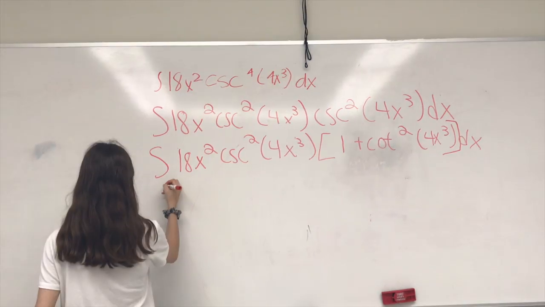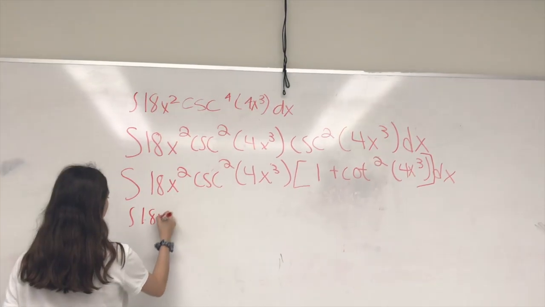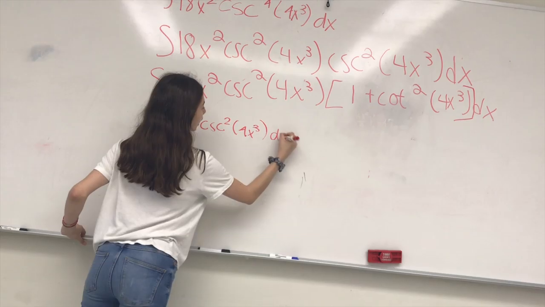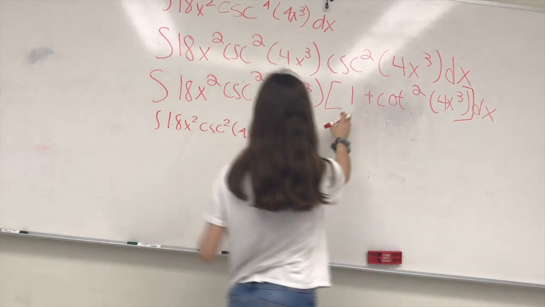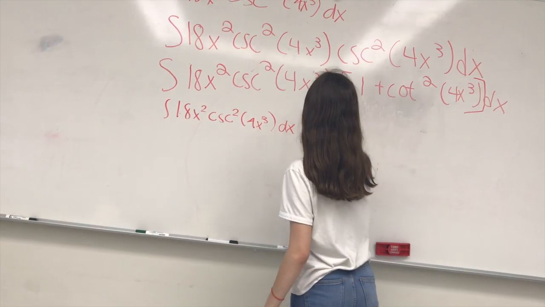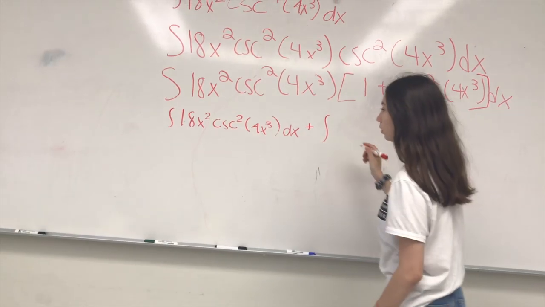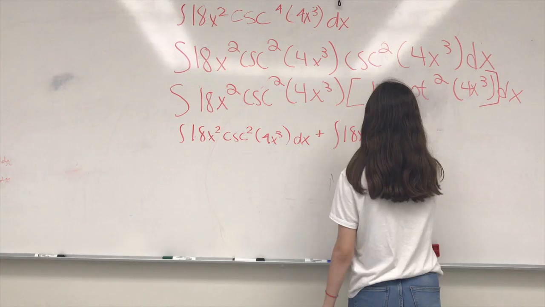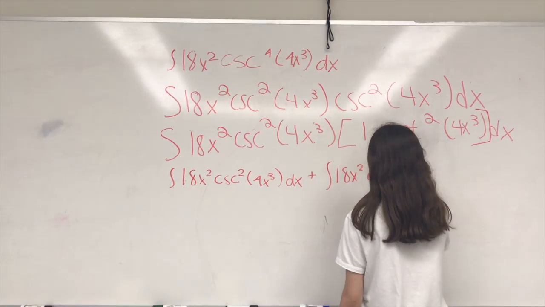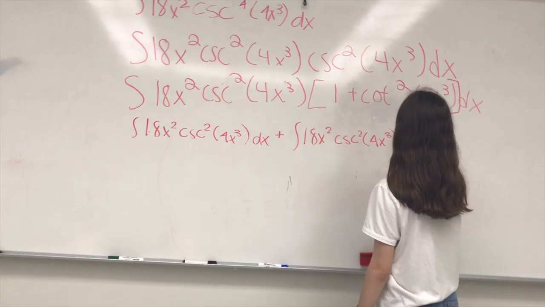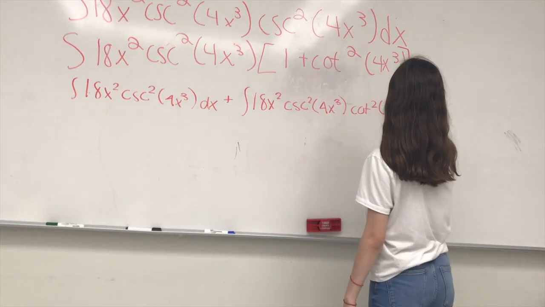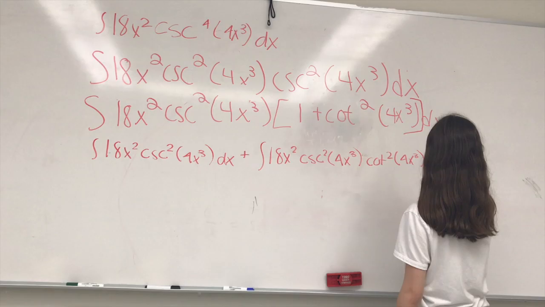So we will get 18x squared times dx, and this is the first multiplication, then we will need to add the second one, which will give us 18x squared times cosecant squared of 4x cubed times cotangent squared of 4x cubed times dx.